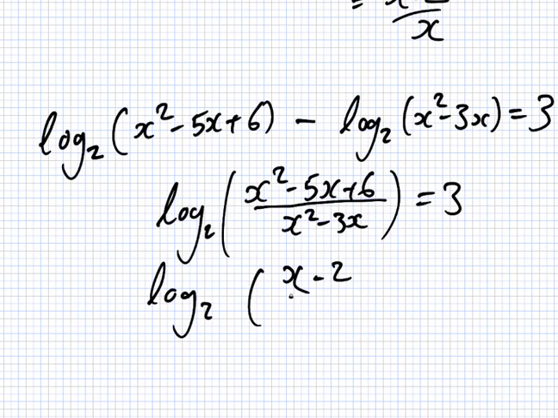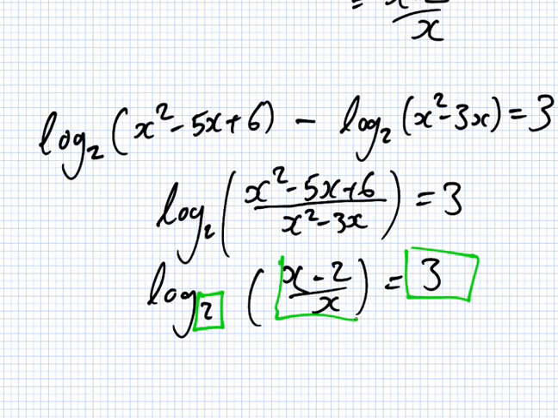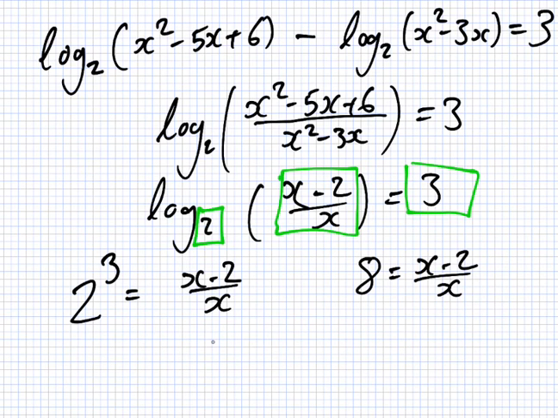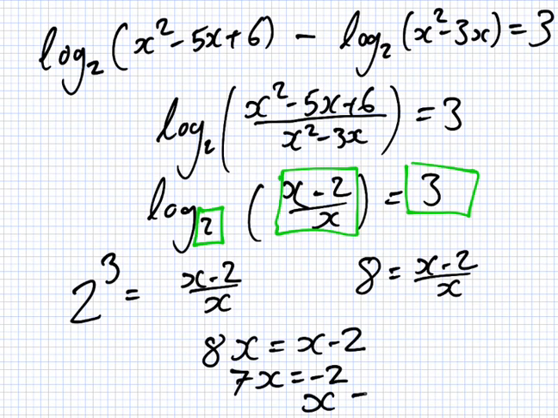If you remember how logs work, 2 to the power of 3 equals x minus 2 over x. 8 equals x minus 2 over x. 8x equals x minus 2. 7x equals minus 2. X equals minus 2 over 7.